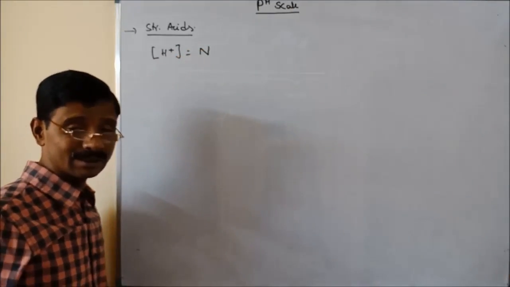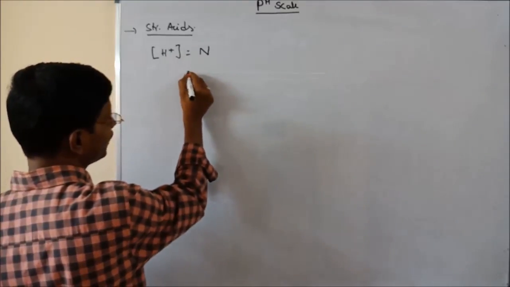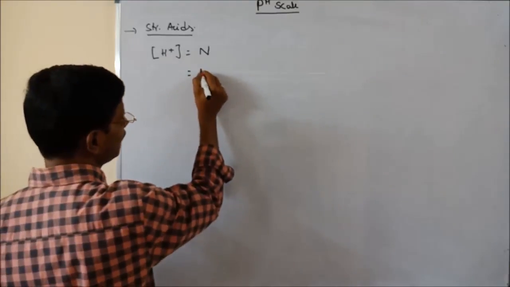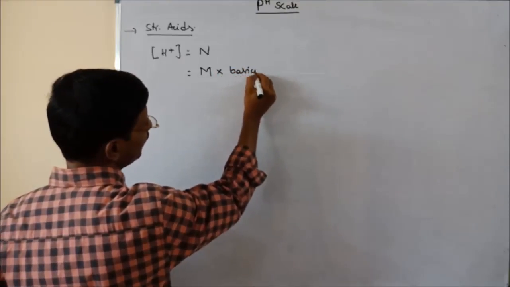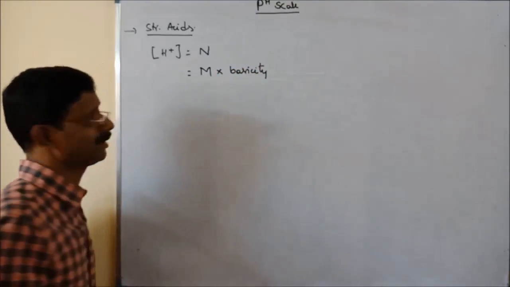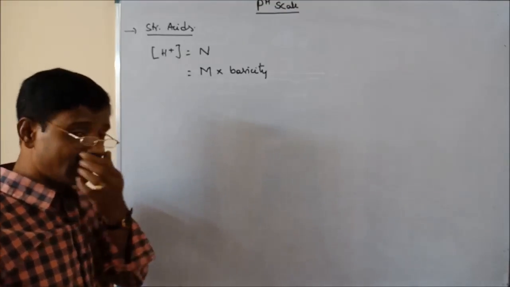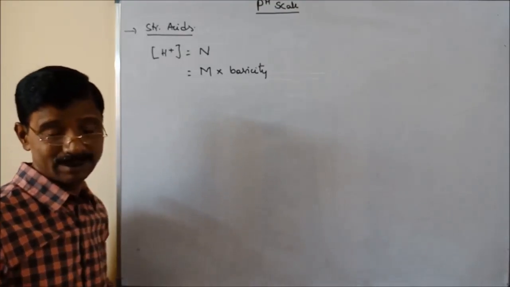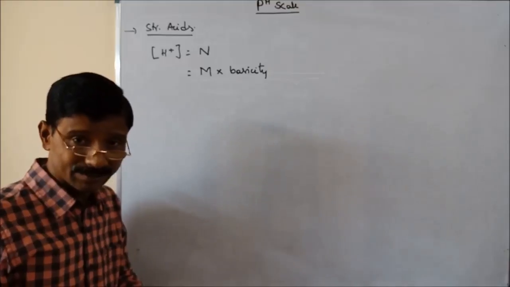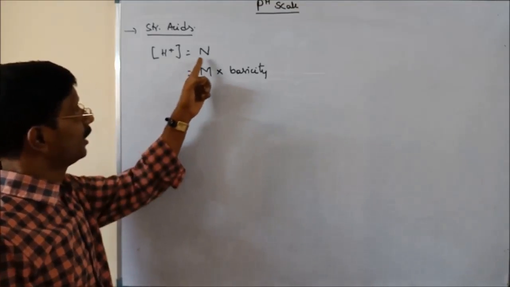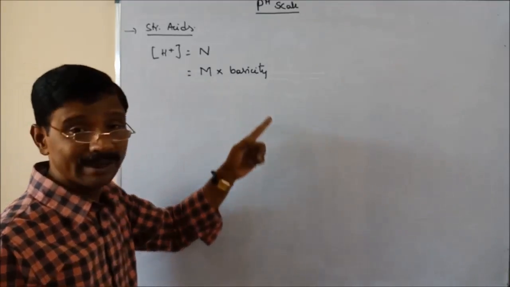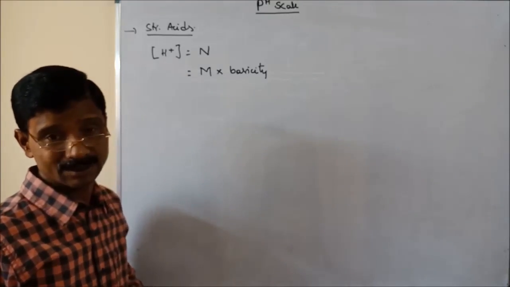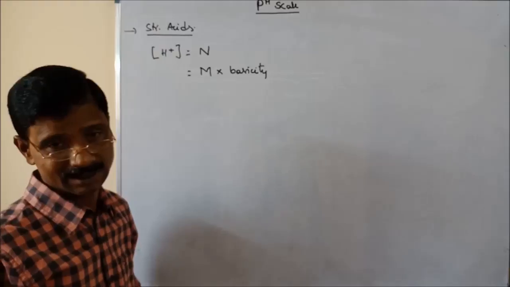Normality will be equal to the concentration of H plus. Or otherwise, if they mention molarity, it is molarity into basicity of the acid. Like that, directly for a strong acid we will get the concentration of H plus. If it is a base, the normality of that strong base is equal to OH minus, or molarity into acidity is OH minus. So like that we have to use this concept.